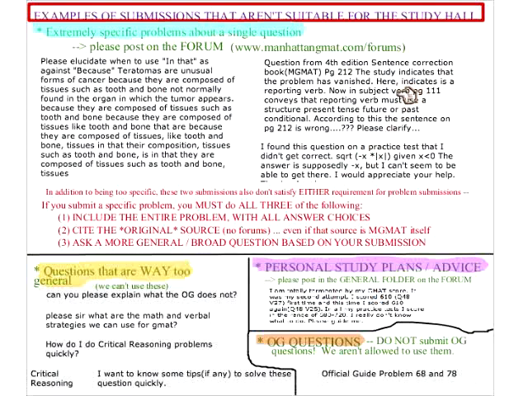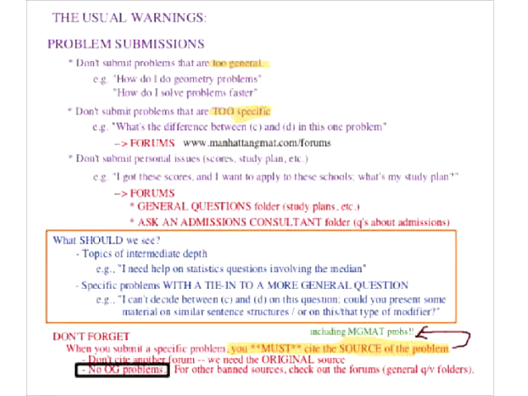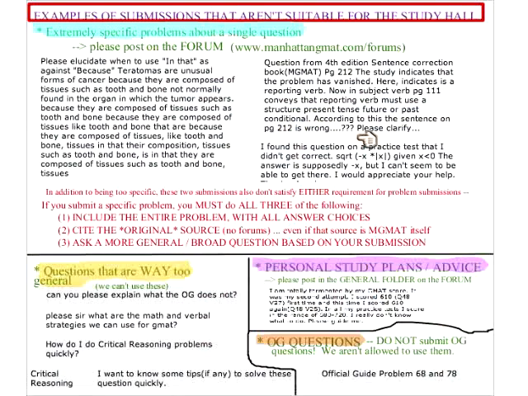For instance, this person is just asking about one verb on one page of the strategy guide. I mean, this is fine, but there's a place for that, and it's not the study hall. The place for stuff like that is the forum. So if you're asking about one question off of one page of a strategy guide, you'd go to the forum, you'd go to the strategy guide folder, and you would type that question.